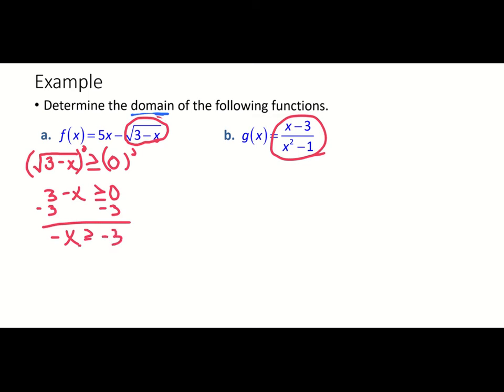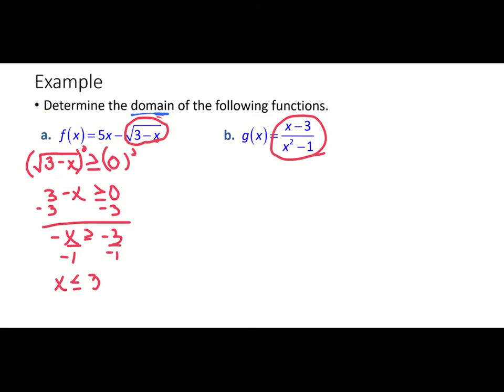But I want to make it positive, so I'm going to divide by negative 1. Remember, when you divide by a negative and you have an inequality, you have to flip your sign. So my domain here says that x can be less than or equal to 3. What it's saying is I can plug any number into this equation that is smaller than or equal to 3.